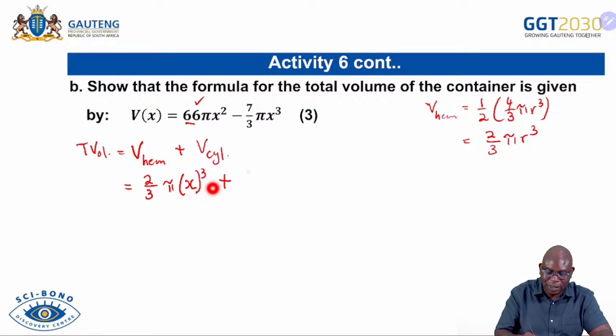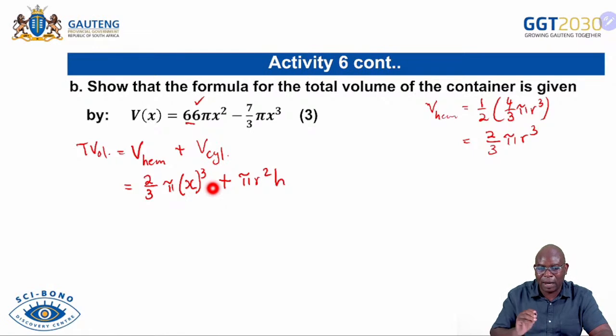The volume of the cylinder is pi r squared, the area of the base, multiplied by the height. My radius there is going to be x, so it's x squared.